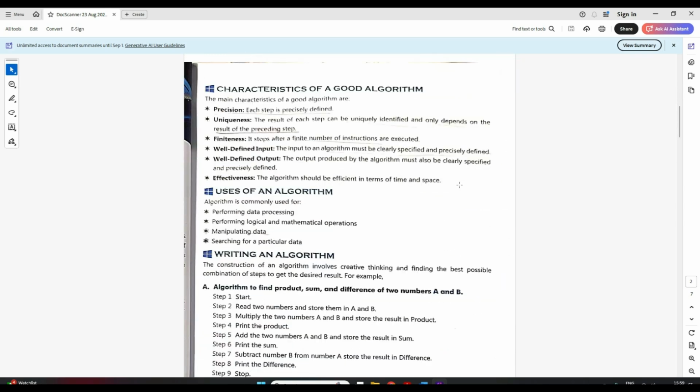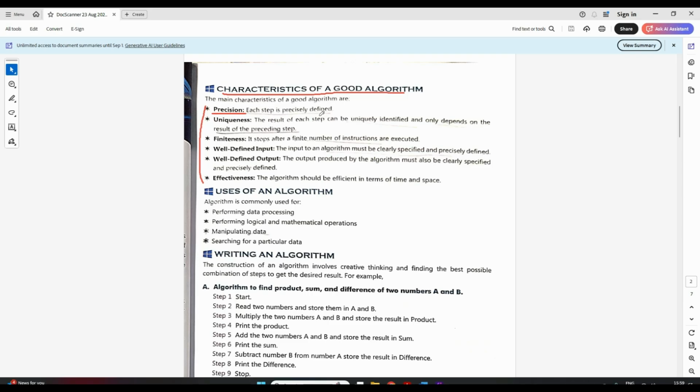Now let's move on to the characteristics of a good algorithm. Let's try to understand some of the characteristics needed to write a good algorithm. For all these characteristics, we'll use our example of a cake-making recipe. The first characteristic is precision. Each step is precisely defined.